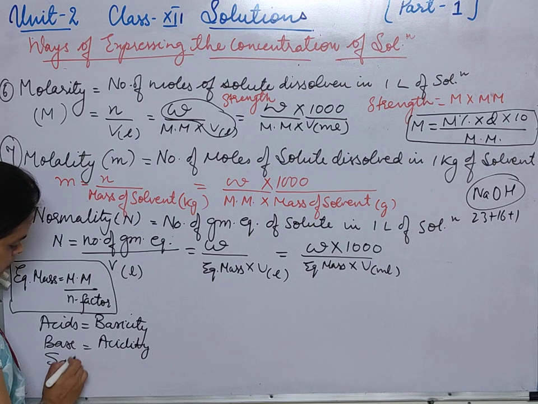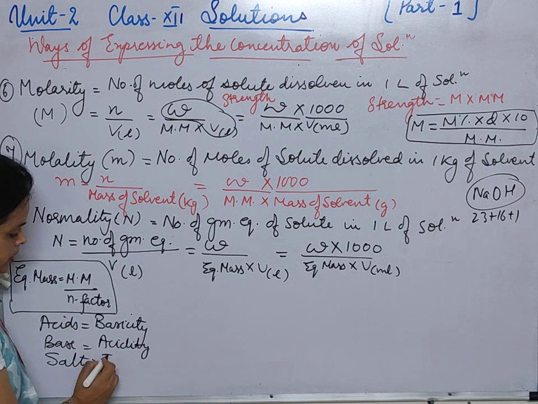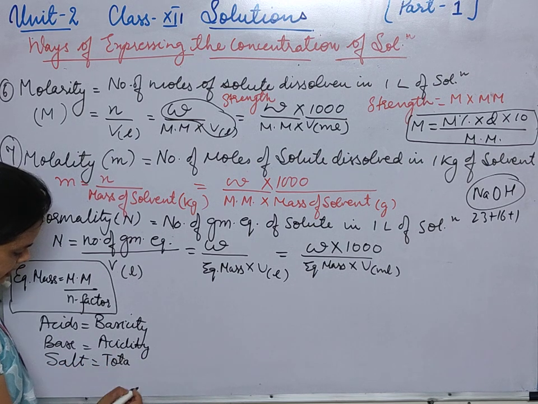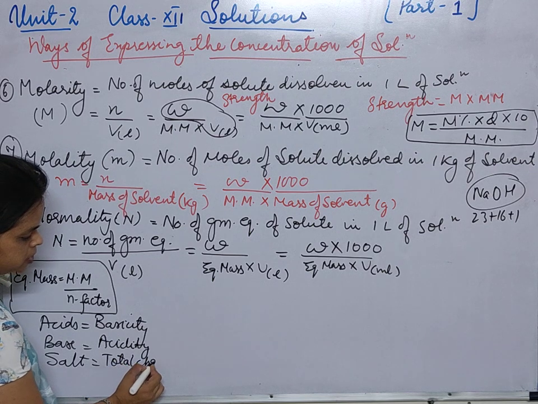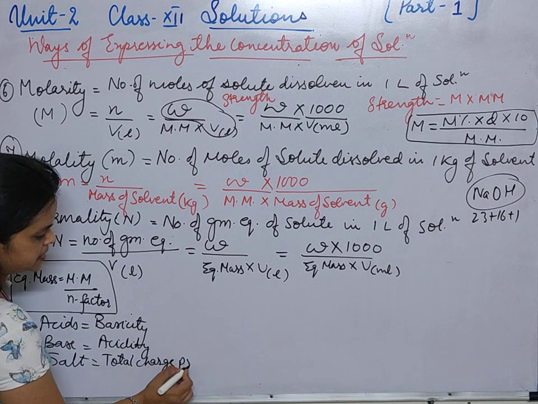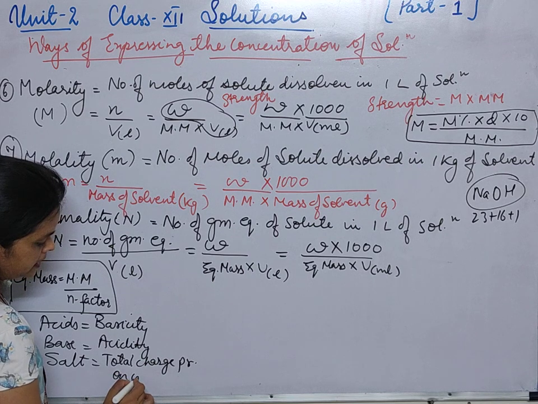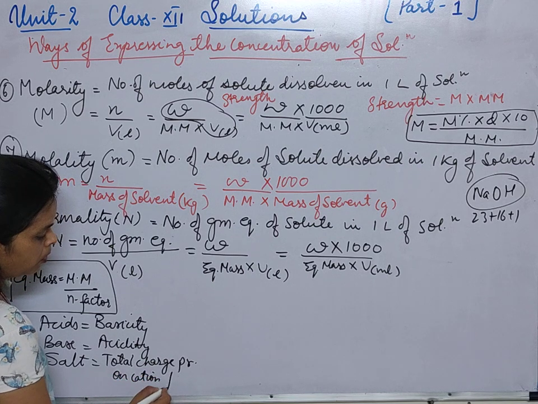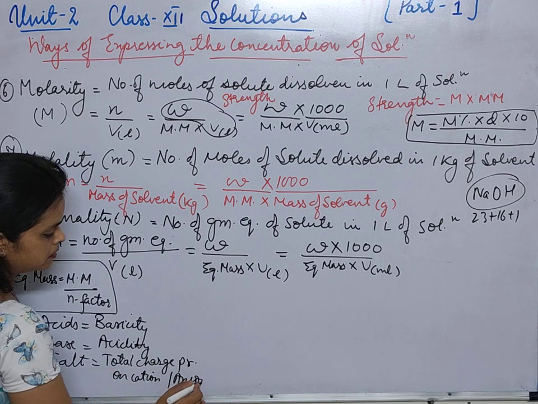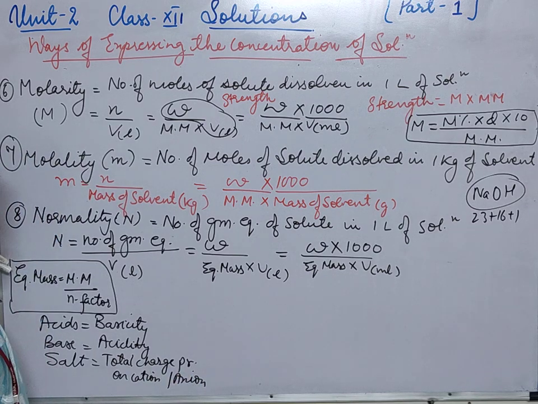If you are talking about salts, then the total charge present on cation or anion will be equal to the N factor.